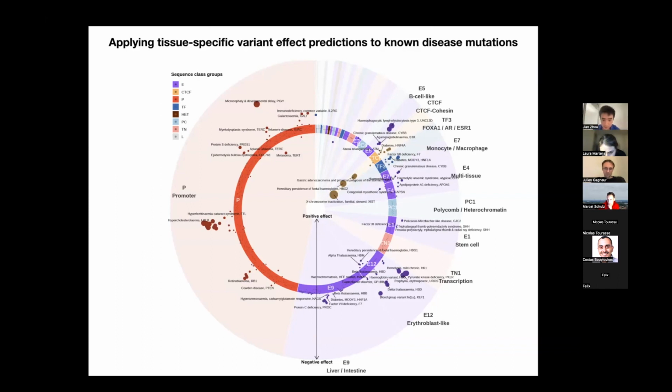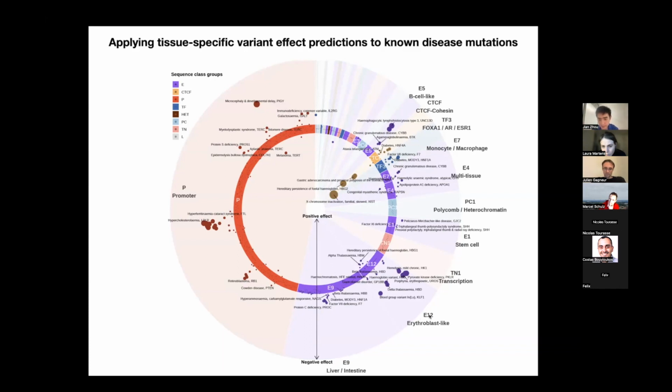For example, for the liver intestine enhancer sequence class, we see that those mutations are predicted to have a negative effect, including those that cause protein C deficiency and factor 7 deficiency, and those are proteins that are produced in the liver, right?